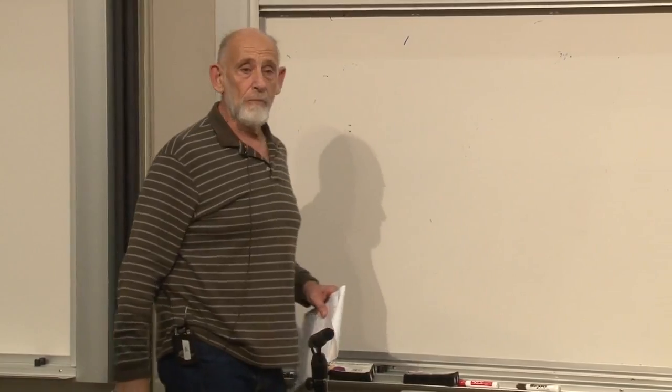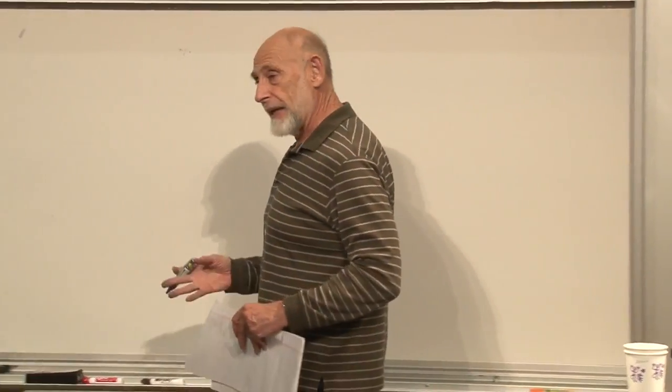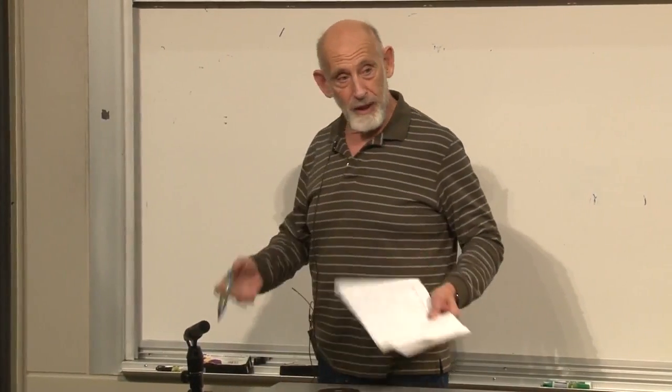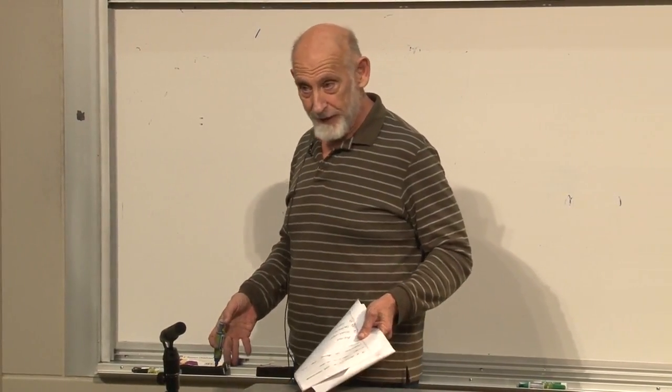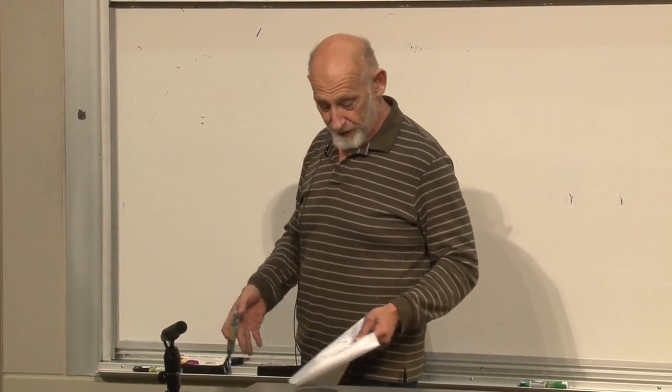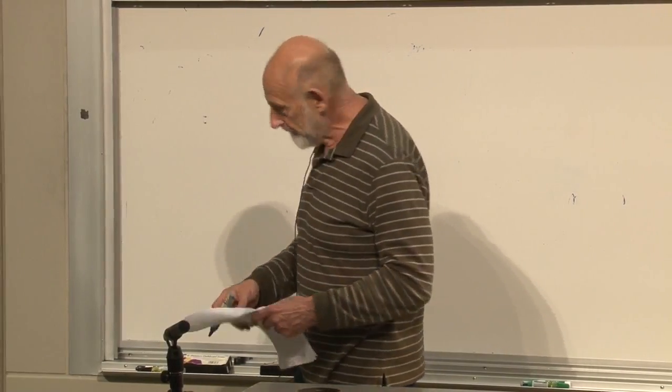Well, first of all, you can multiply a tensor by a number. I didn't even write this down. You can take any tensor and multiply it by a numerical number. It's still a tensor. All right, I'm not even going to bother with that one.